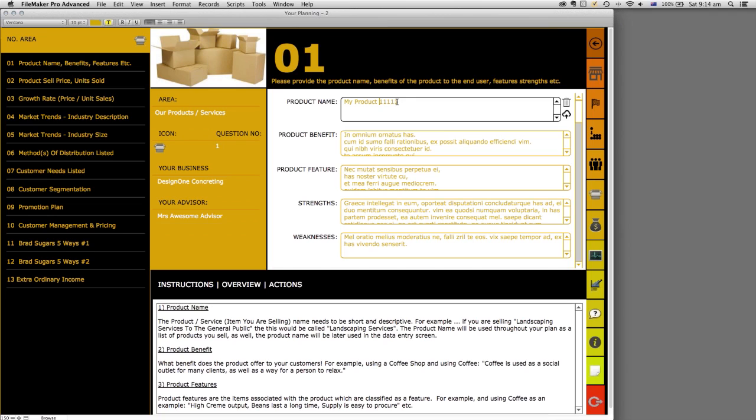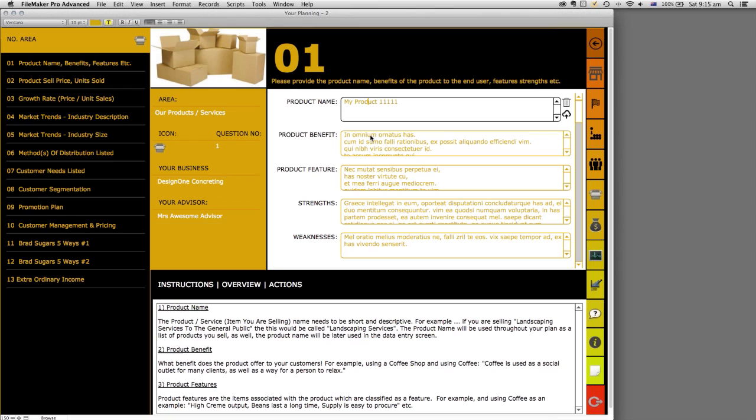So what happens is you put the name of the product in here. What are the benefits of that product to the consumer? What are the features of that product to the consumer? What are the strengths of that product to your business? So you might have put business coaching here as the product name.